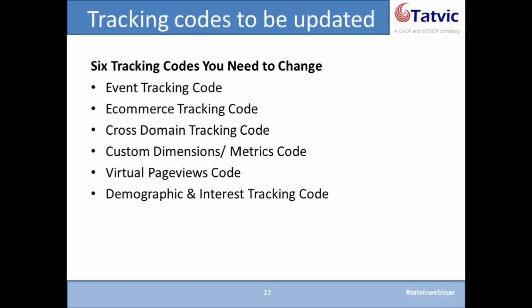There are a few more things which need to be updated. If you are using any sort of customized code on your website, for example, event tracking code to track any of the events on your website, or if you have an e-commerce store and you are using e-commerce tracking code, or if you have multiple domains and you are using cross-domain tracking code, all these tracking codes need to be updated to Universal Analytics to have a complete upgrade, and you can have the benefits which are available in Universal Analytics only after you update all your codes.